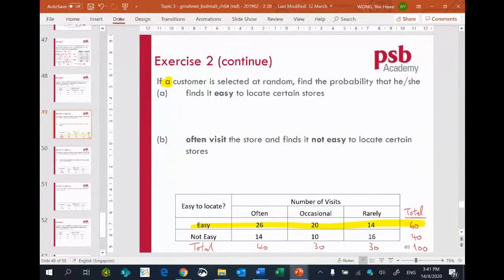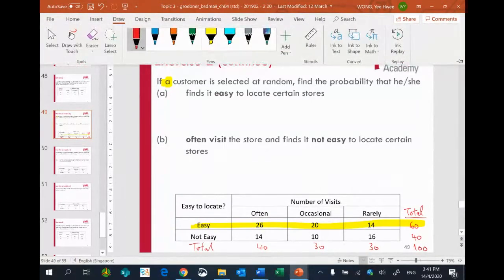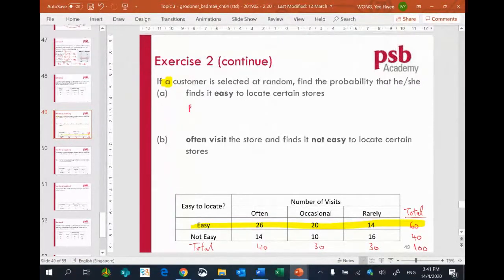You just need to look at this row. How many easy altogether? 60. So the probability of easy, you can use E as easy, or you can write the word EASY, will be 60 over 100, which is 0.6.